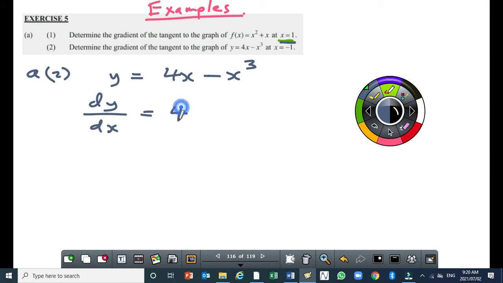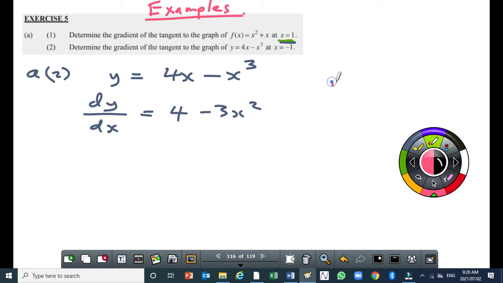Since our function is given as y, it means dy over dx will be equal to 4 minus 3x squared, right? That's our gradient. Now here, I just need to remind you that m is equal to f prime of x.